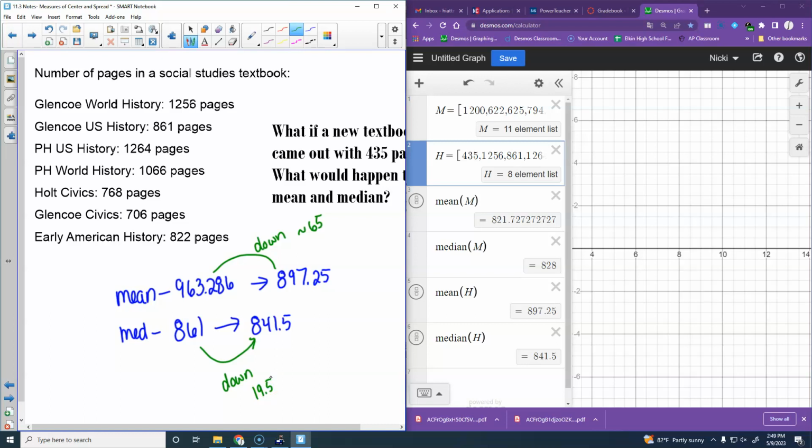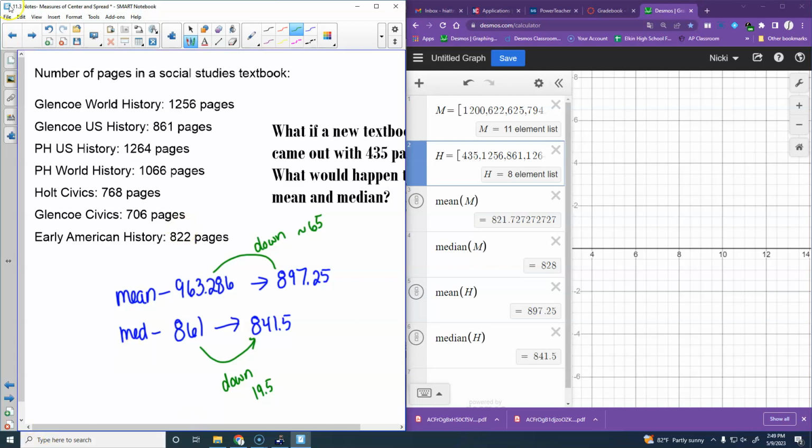So whenever we add in outliers, numbers that are either really big or really small compared to the rest of our data, we see that the mean and the median may both change. There are some cases where maybe the median may not change, but our mean reacts more, right?